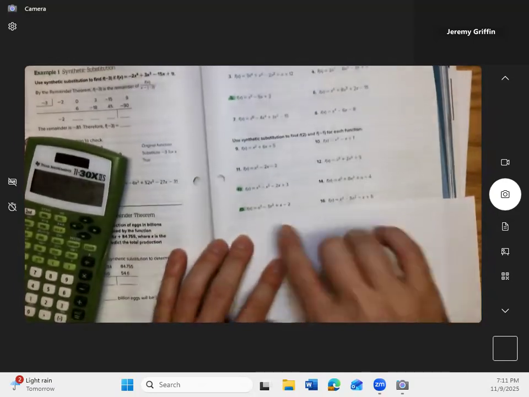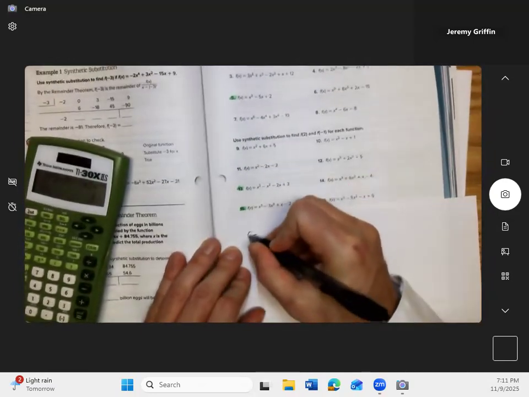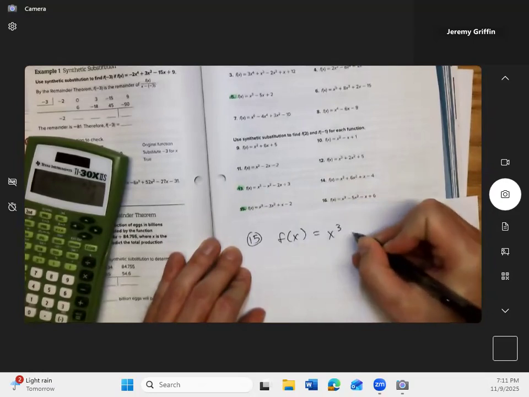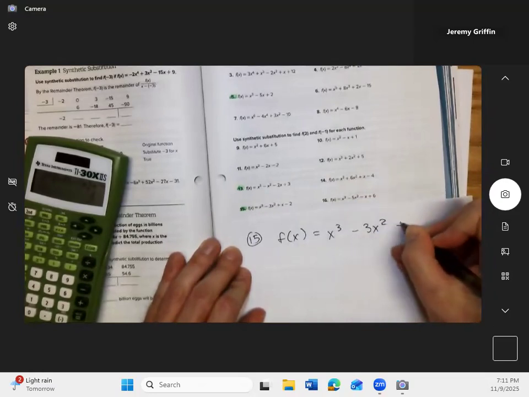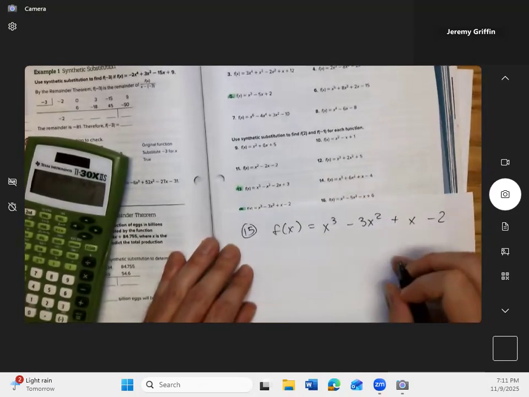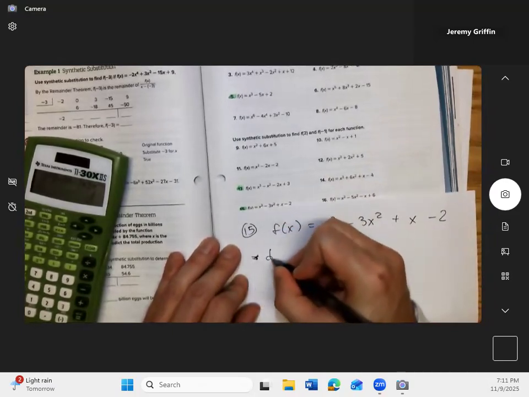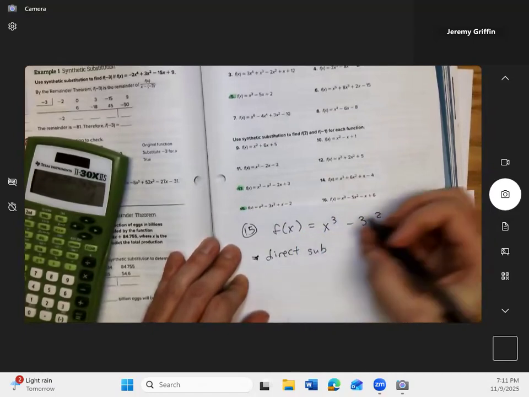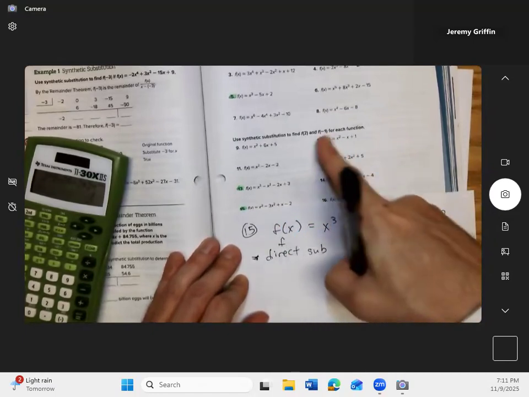Let's try number 15. I got f of x equals x cubed minus 3x squared plus x minus 2. Let's do direct substitution for the other one.